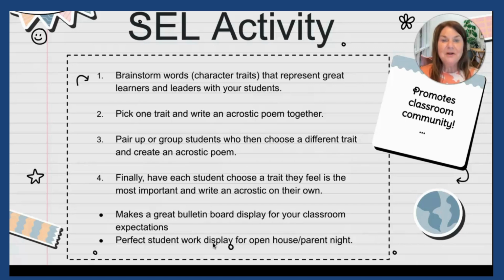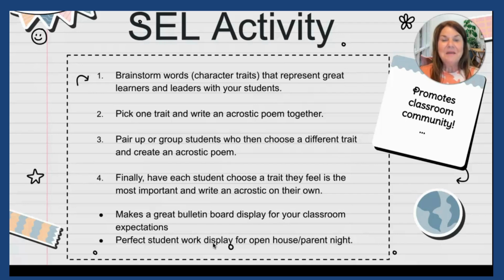From there, I'll partner up my students or put them into groups of 3 or 4, and I'll have them choose a second and different character trait. Together with the group, they'll create a second acrostic poem in the same way that I modeled with the class. We'll share those out. We will be able to talk about the character trait itself.